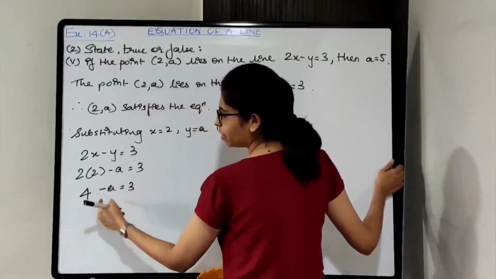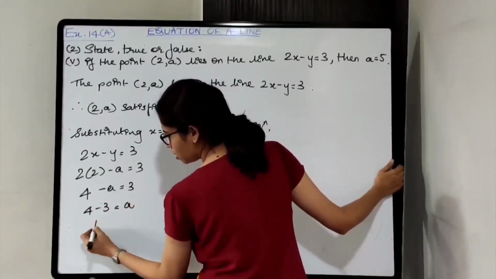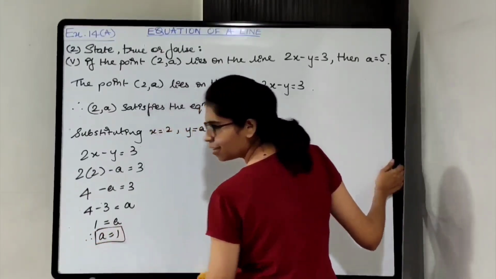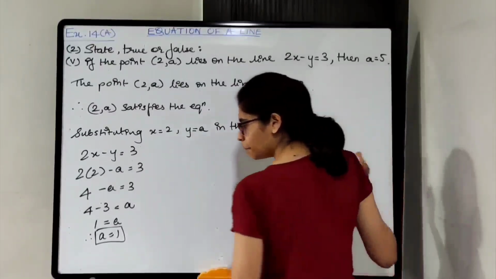Let's shift A over here and 3 over here. So 4 minus 3, and A will become positive. So 1 is equal to A, that is, switching the sides, A is equal to 1. So A is not equal to 5, therefore the statement is false.